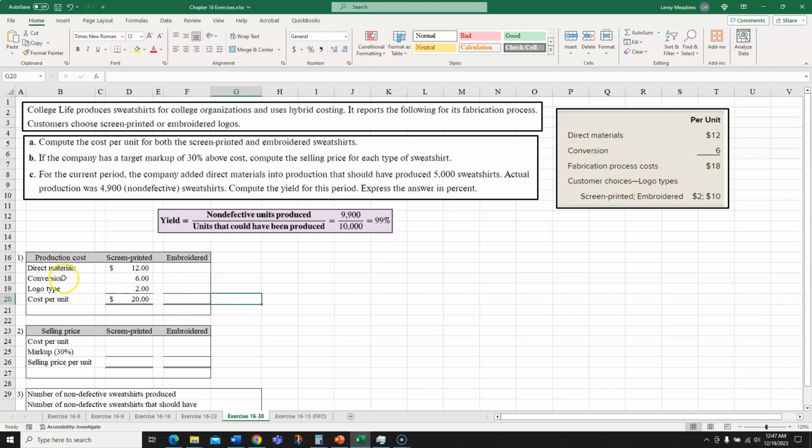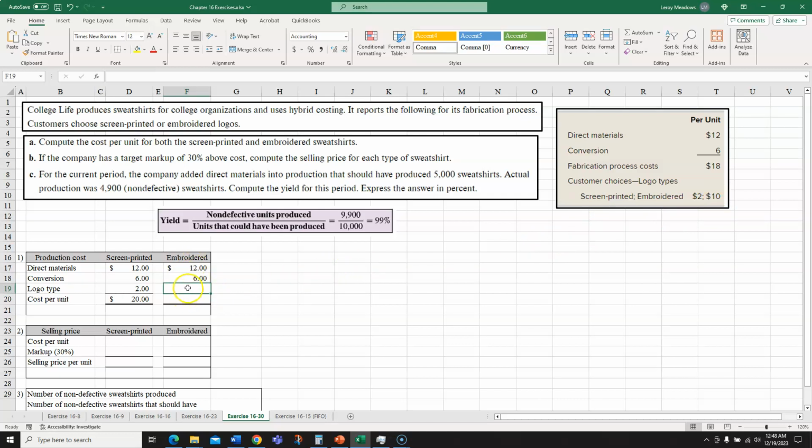Now let's do the same thing for the embroidered sweatshirts. Direct materials, we looked at, there was $12 and $6 for conversion costs. These two items are where we have the process costing portion of the hybrid. The job order costing is in the logo type. Here's where we see that, because a screen printed logo only costs $2 to make, and an embroidered logo costs $10 to make.